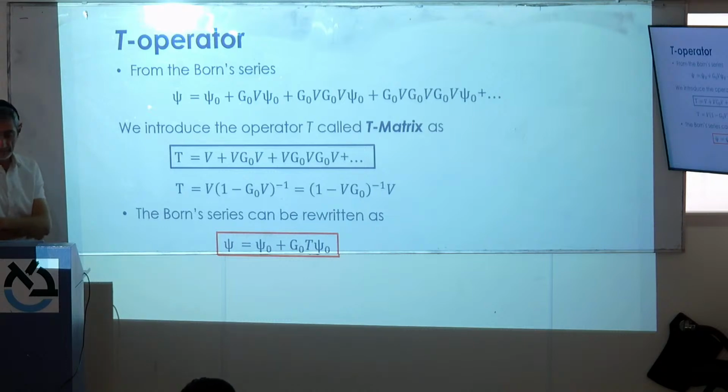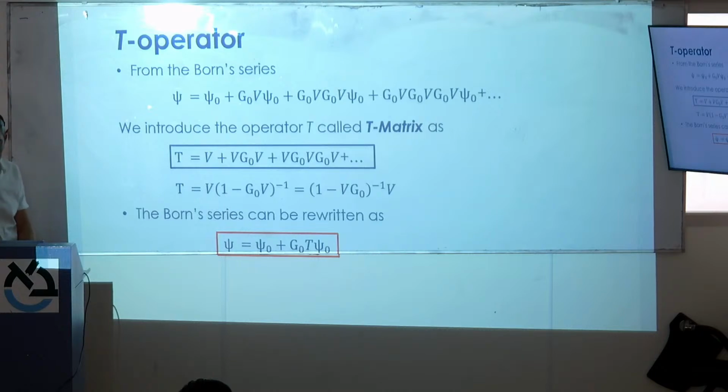You see that here the field on the right side is only dependent on psi 0. There is no longer any psi field, so it's not anymore a self-consistent equation. Now it's a full definition of psi. Everything is encapsulated in the T matrix in that case.